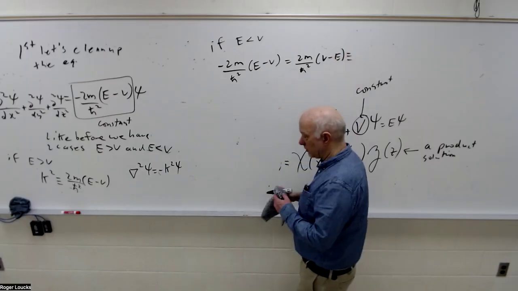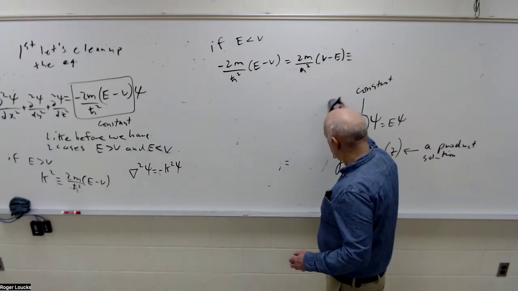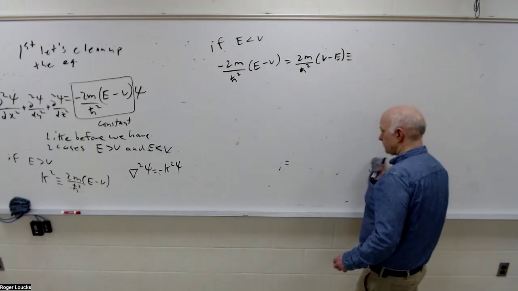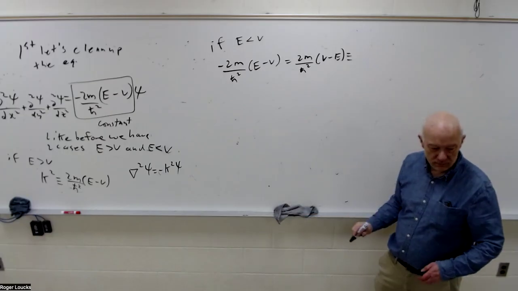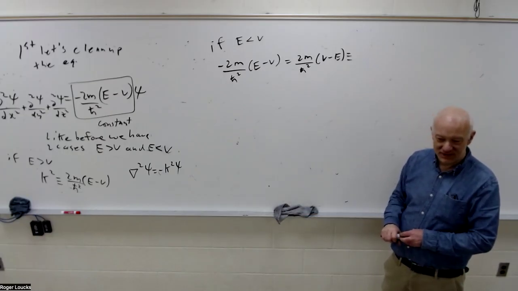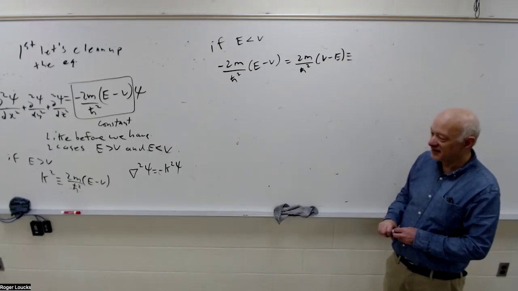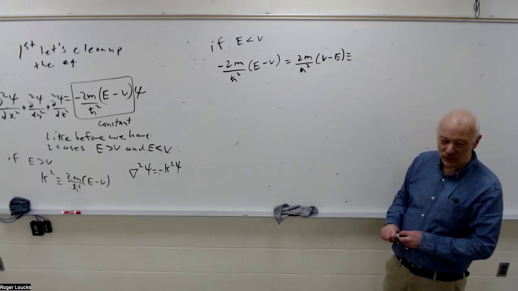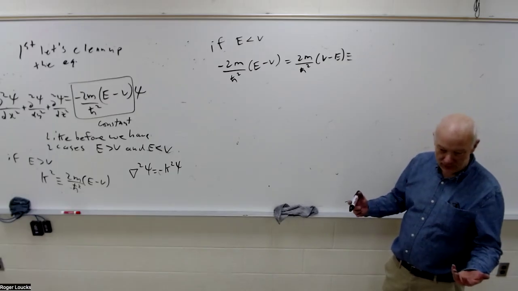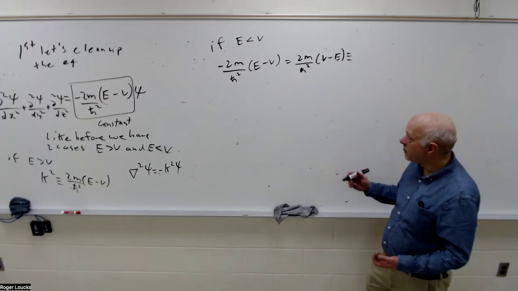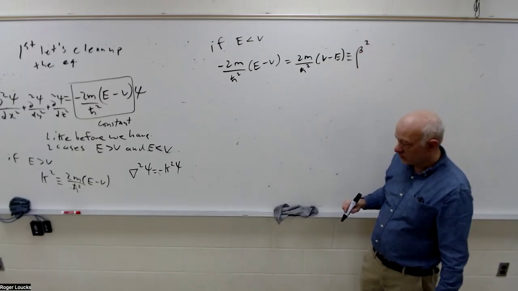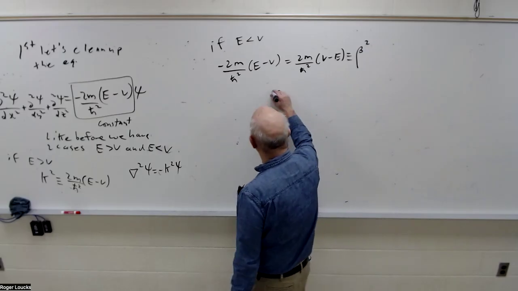What do we define that to be? This is your beta squared. So this equation then becomes this guy here.